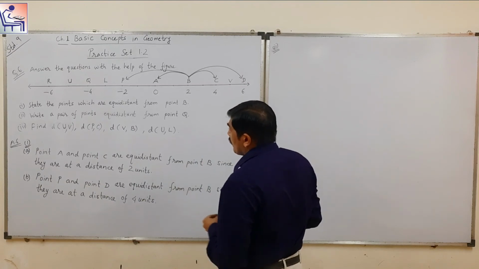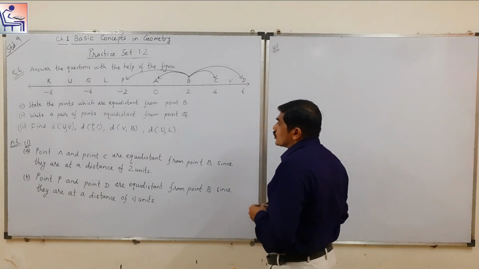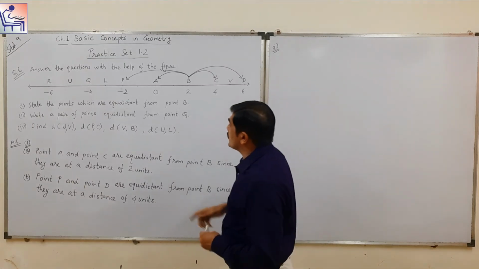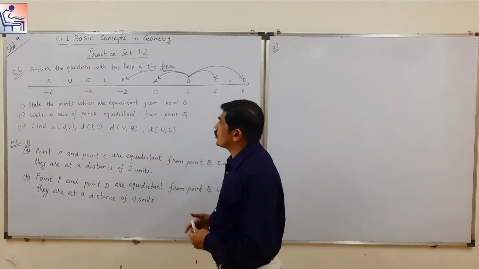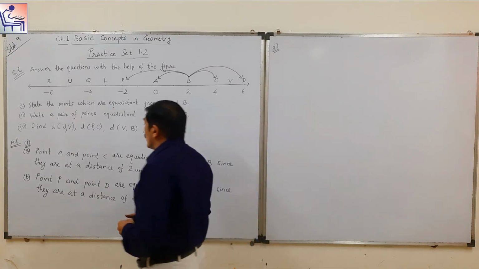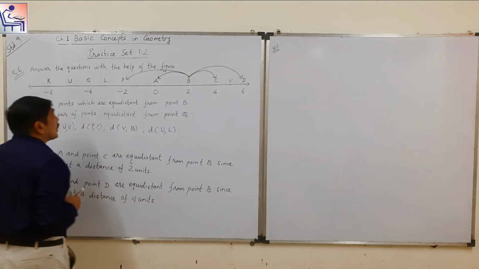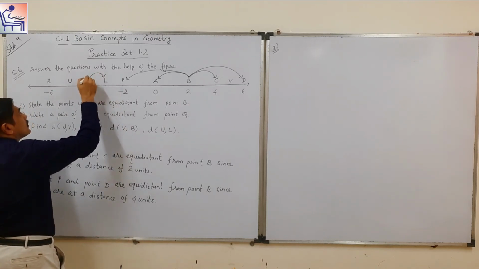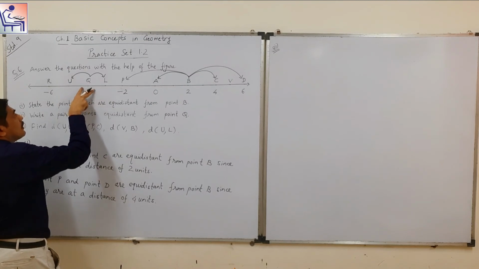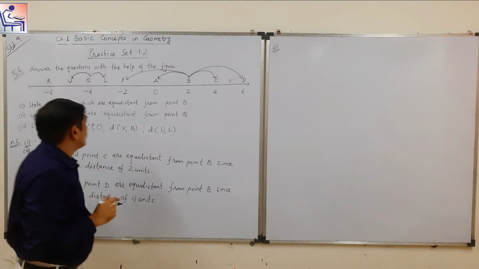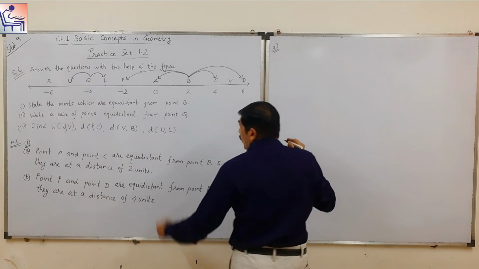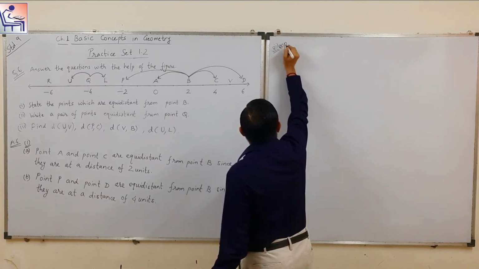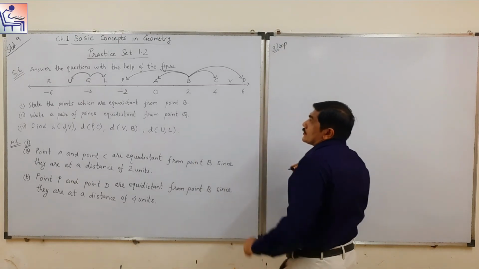Here write a pair of points equidistant from point Q. So which points are at equal distance from point Q? So from here we can see that L and U have a distance of 1 unit each. So here we have to write first. Here also there are 2 possibilities.